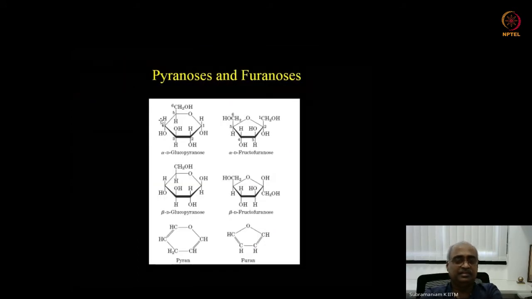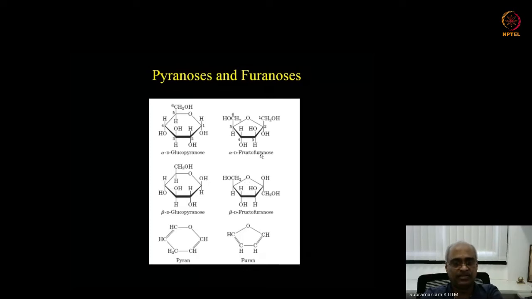In this fashion, this ring structure resembles the organic molecule pyran, and therefore we call them pyranose. So the proper chemical name for glucose is alpha-D-glucopyranose. Now you know why it is alpha, why it is D, and why it is pyran. Similarly, the keto sugars resemble furan, and therefore they are furanose.